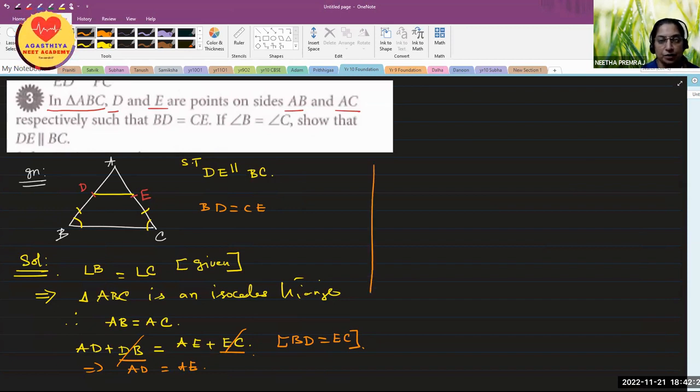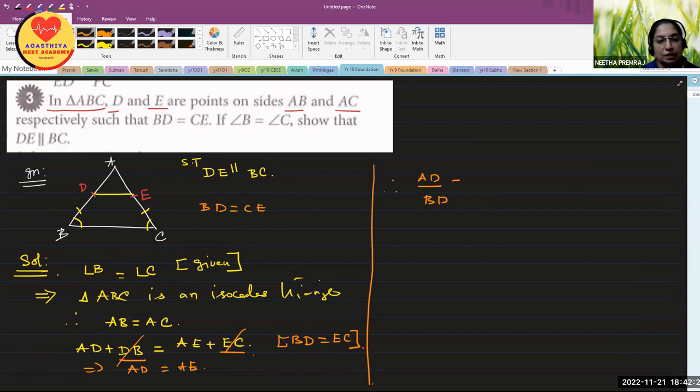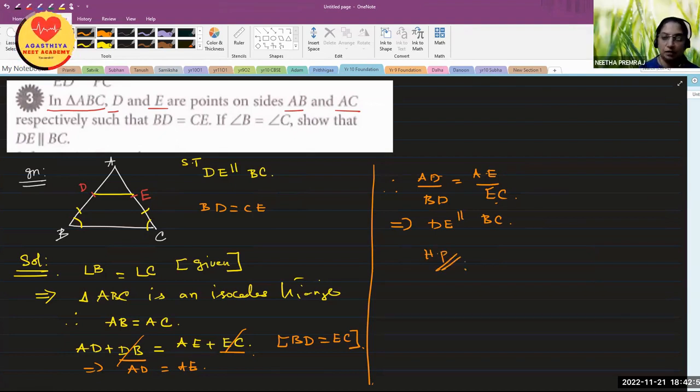So therefore, AD by BD is equal to AE by EC, isn't it? Because numerators are matching and denominators are matching, this ratio must be equal, which implies DE must be parallel to BC, isn't it? Yes, ma'am. Hence proved. Okay, that's it. Make a note of it.